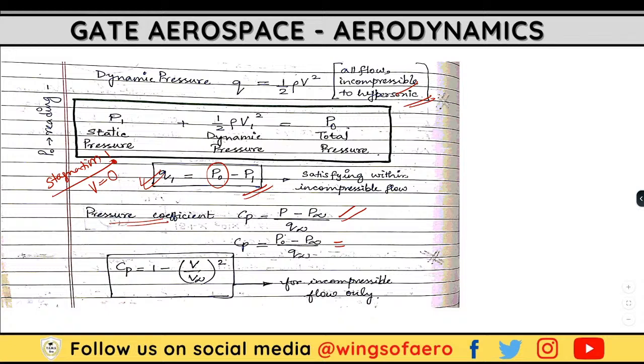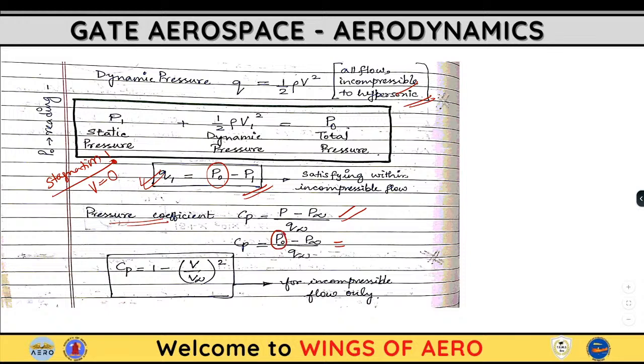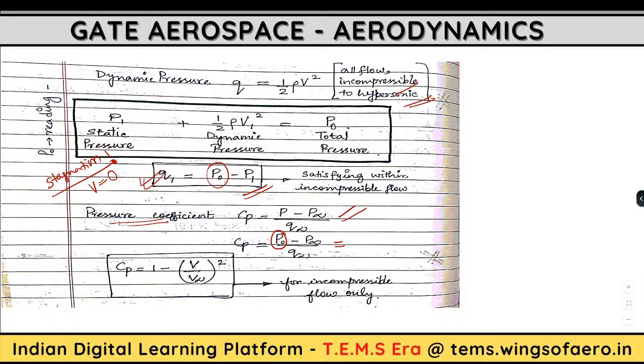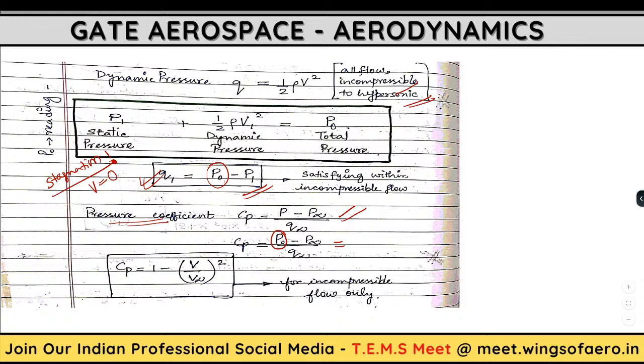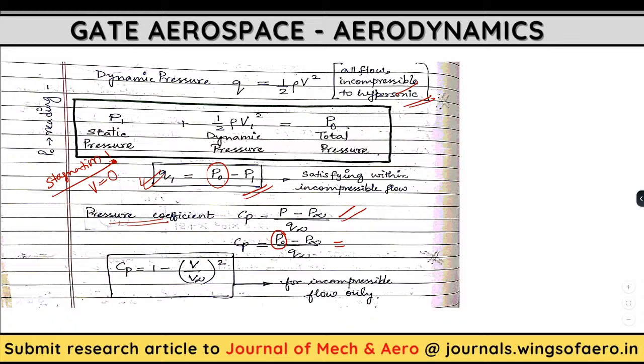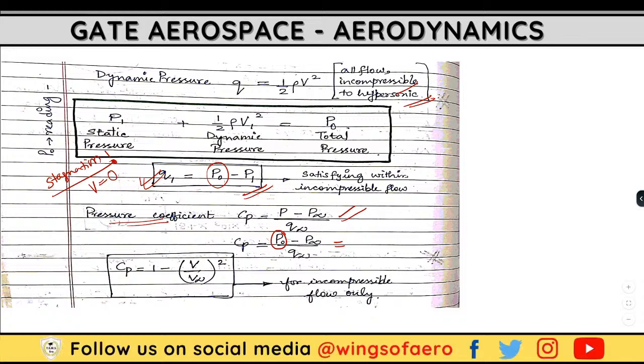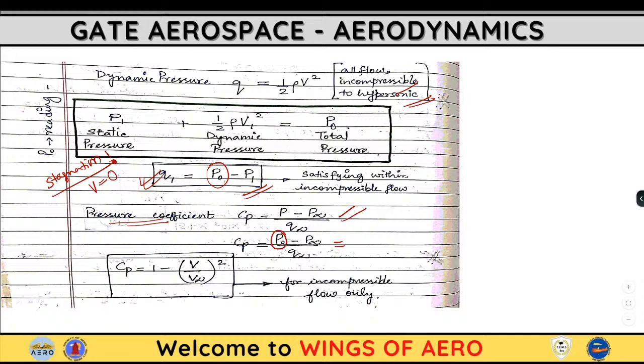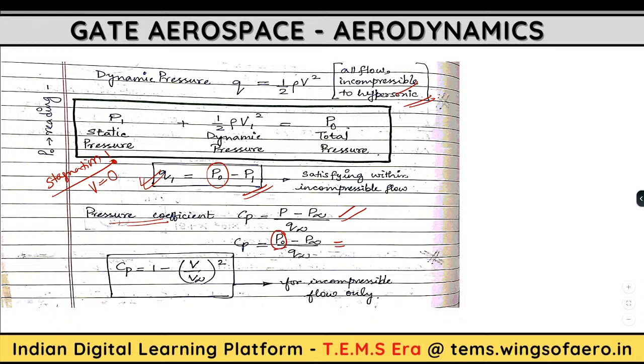I'm repeating again, P naught is a measured value or reading. They will never say that this is the total pressure; they will always say the measured value or the recorded value or the reading in any instrument. From that you have to identify that it is the P naught value.